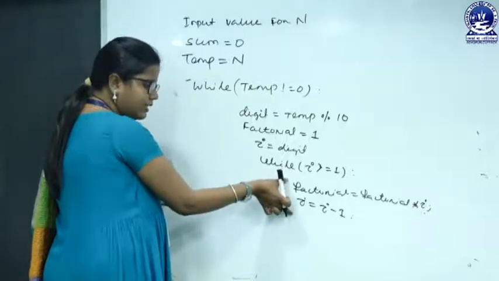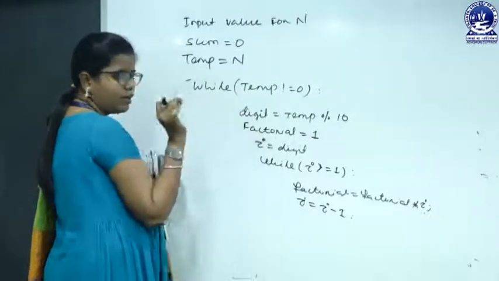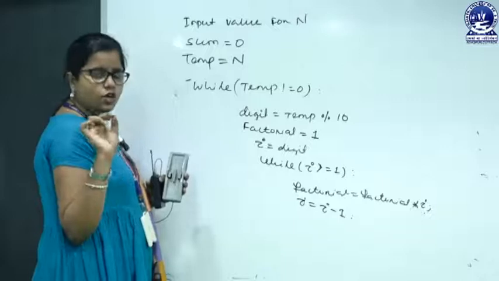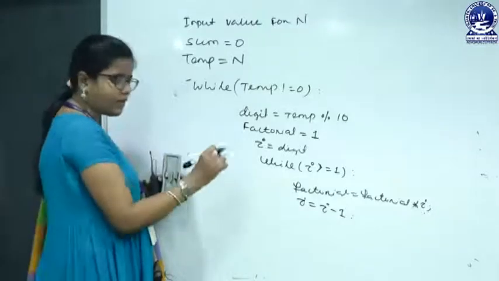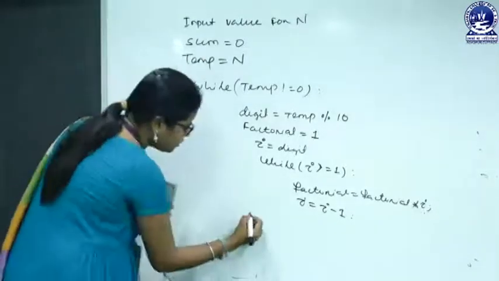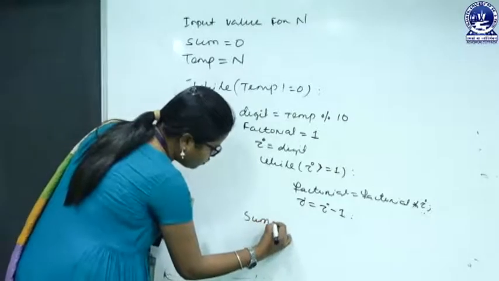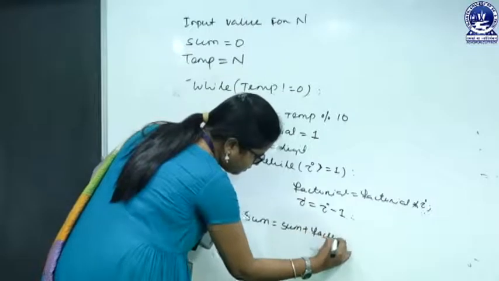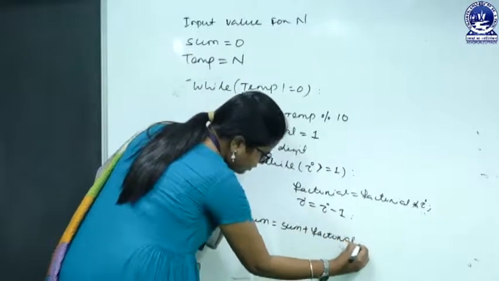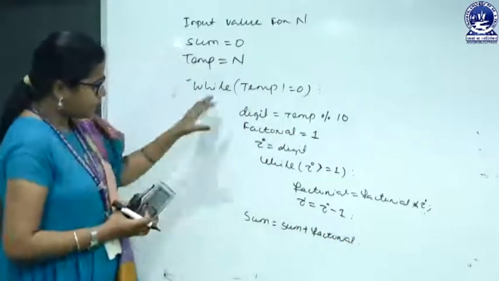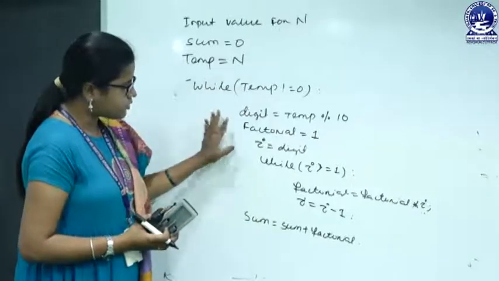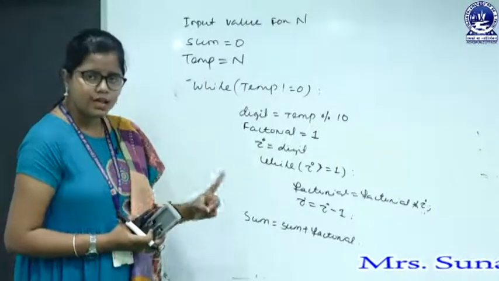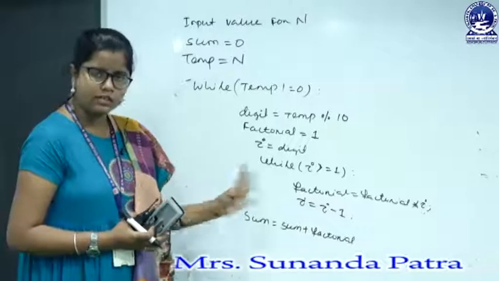Once we find the factorial of a single digit, we have to add that factorial into the summation value. So here the sum equals what? Sum equals sum plus factorial. So by completing this, we are extracting a single digit and calculating the factorial of that digit.